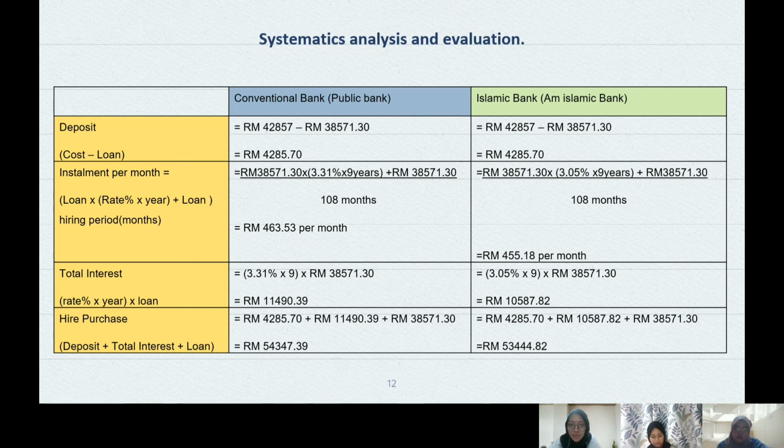So these are the answers: the installment per month and the total interest that we have to pay. The hire purchase was the total that we have to pay, including the deposit, the interest, and the loan. So as you can see, the Islamic loan was cheaper than the conventional loan.